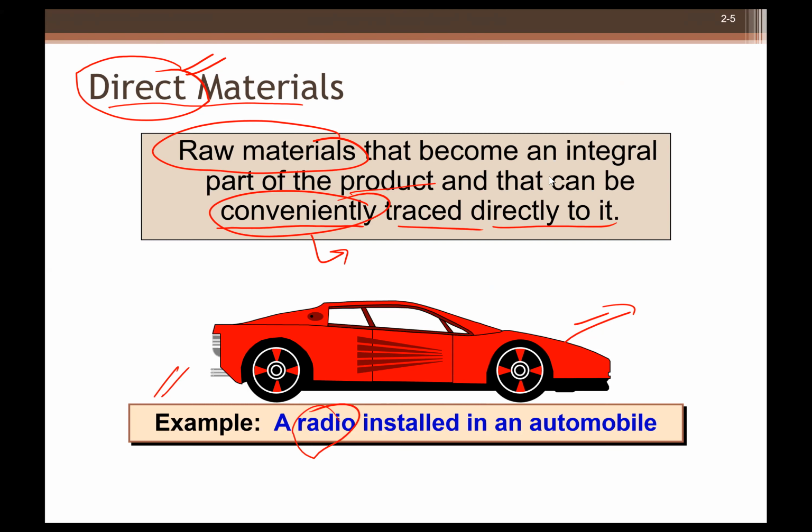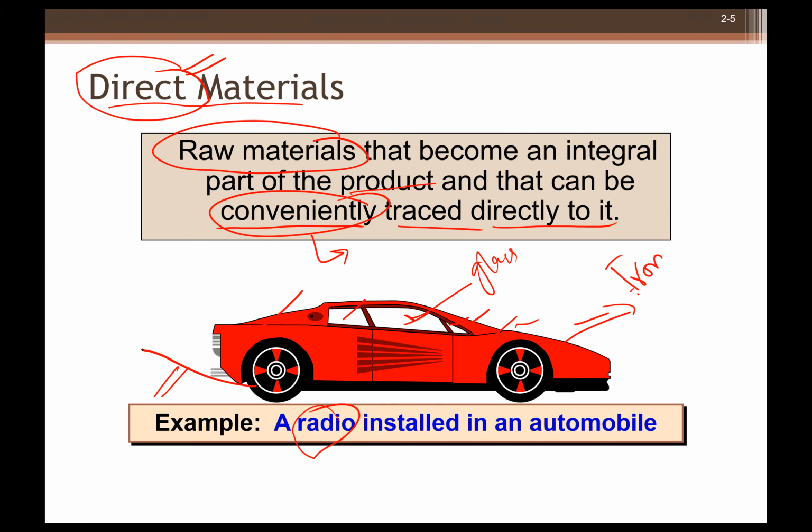Like the glass of the car. Well done. The window here, the glass. There are 4 or 6 glasses in a car, right? You can easily calculate its value, like the amount of iron ore, right?